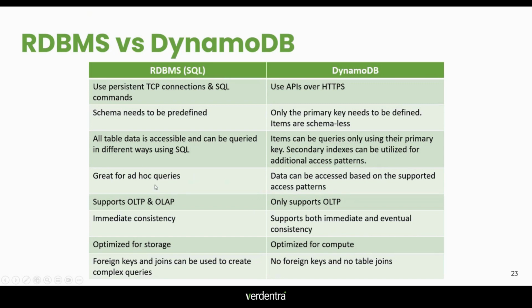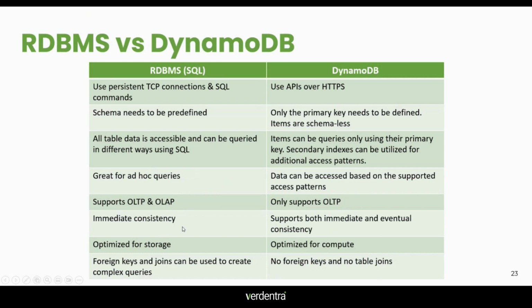Relational databases are great for ad hoc queries, so you can do any type of thing, but as mentioned, in DynamoDB you can access only using keys. Relational databases support both online transaction processing and online analytical processing, but DynamoDB is specifically built for online transaction processing.